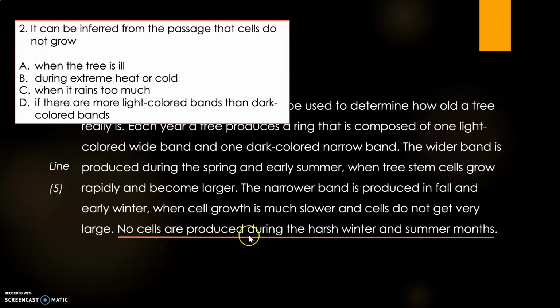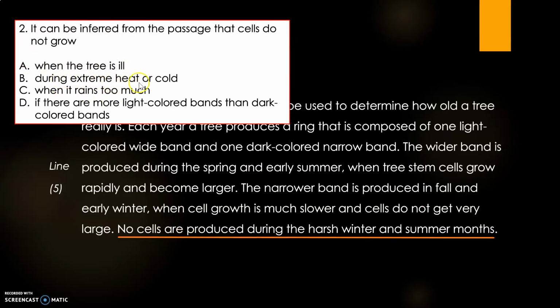So no cells are produced during the harsh winter and summer months. So the cells do not grow when it's very bad winter and summer, so if the weather is so bad or terrible. If the answer is A, when the tree is ill, it is not concluded from here.